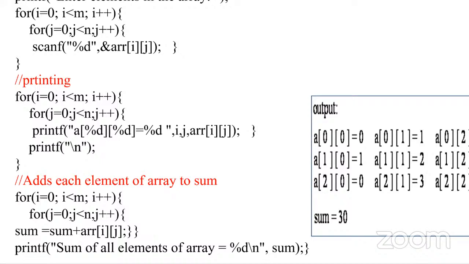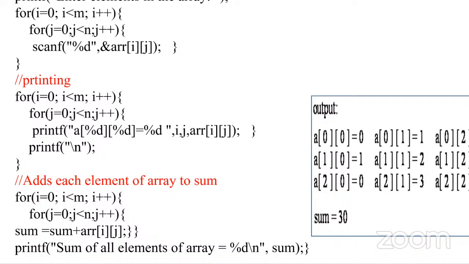This is the first step and this is the second step. Where will it go next? When the condition is true, it will go to the next loop. What is the next loop here? j equal to 0.